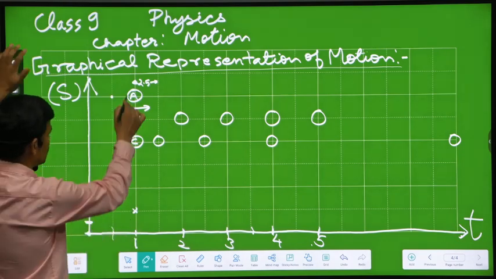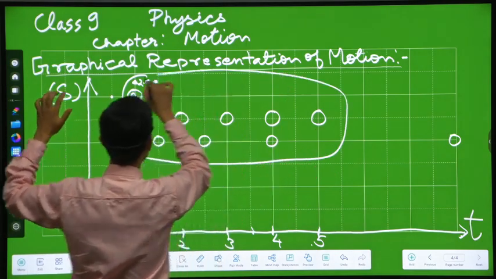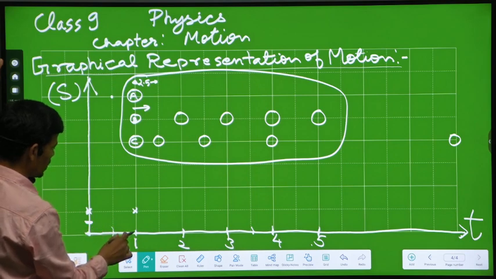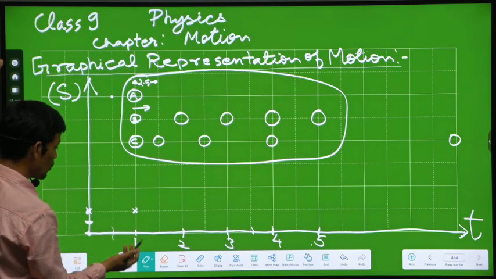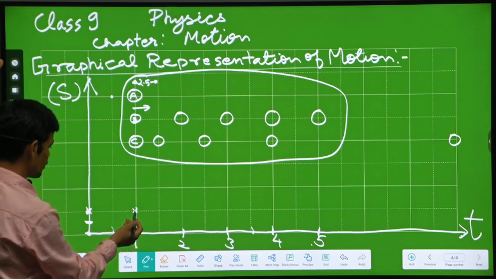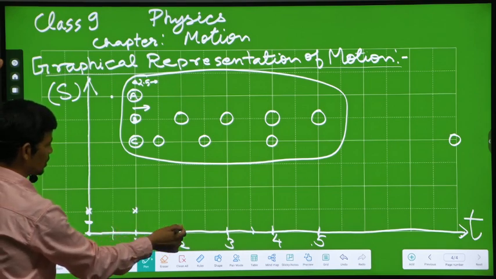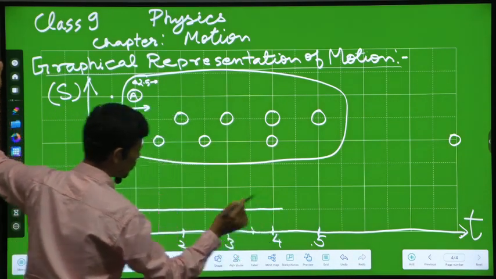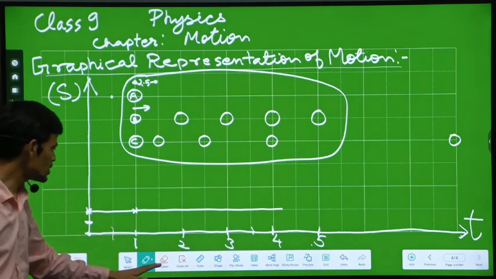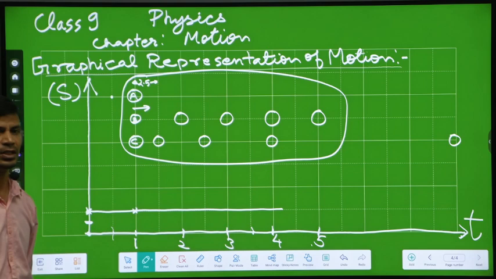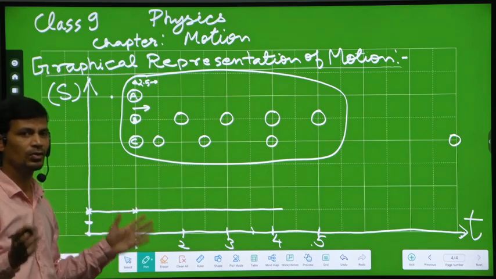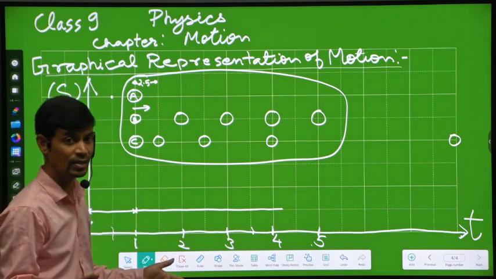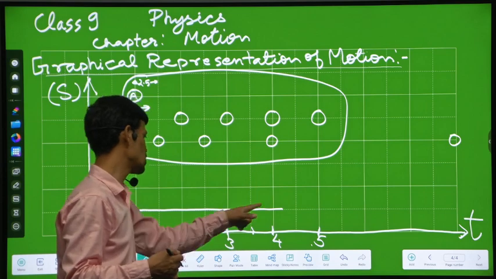No, don't bother about this picture, this is separate from this graph. After 1 second it didn't move, it is still at that much separation. So its graph will go like this. Time is increasing, but its position is not changing. Its position is constant. Its distance or its displacement with respect to me is not changing.